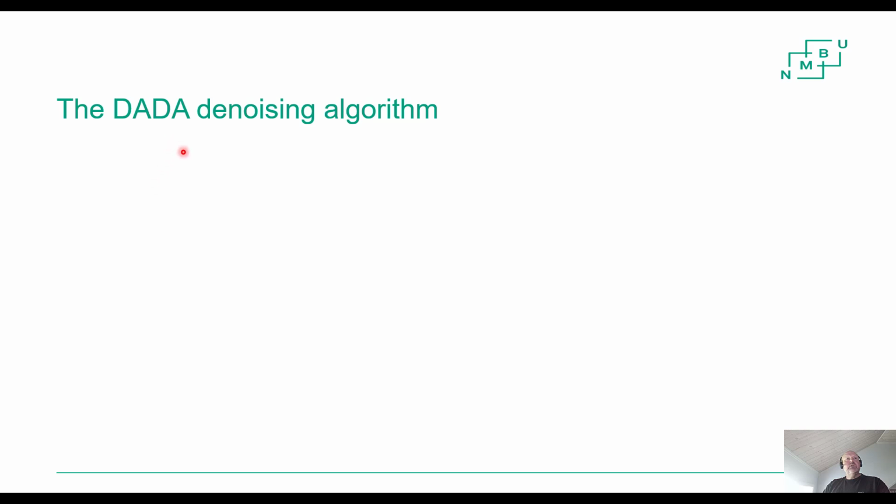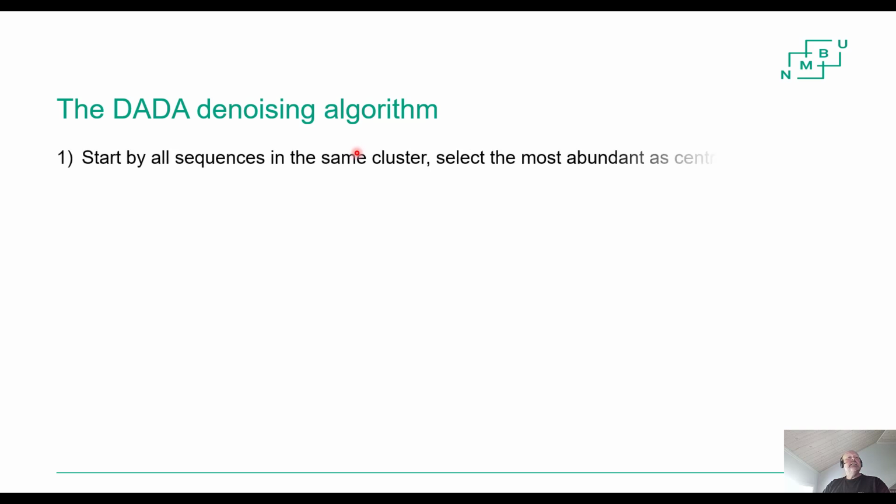So what's the denoising? Let's look at what's called the data denoising algorithm. We will not dig into it. We will just briefly try to understand the idea of it. This can be sketched like this. We will use the DADA2 software in BIN310, so that's why I focus on this algorithm here now. Start with all sequences in the same cluster.